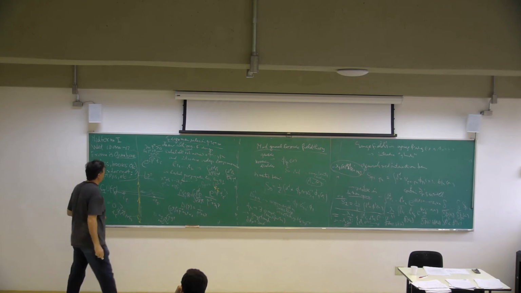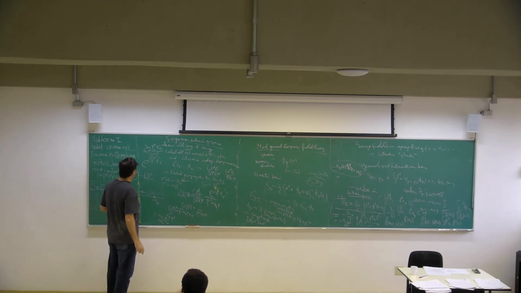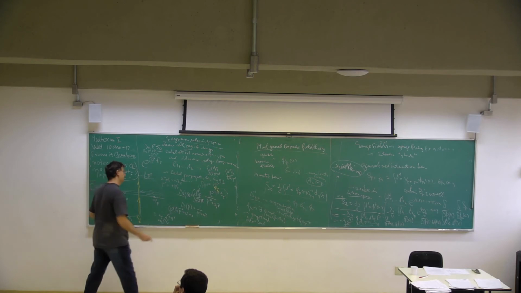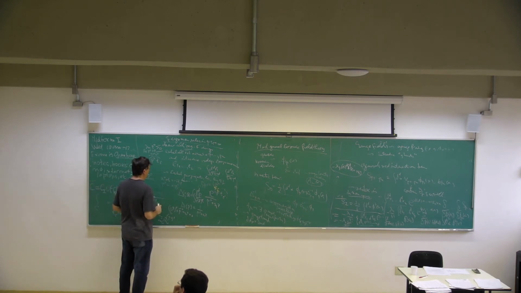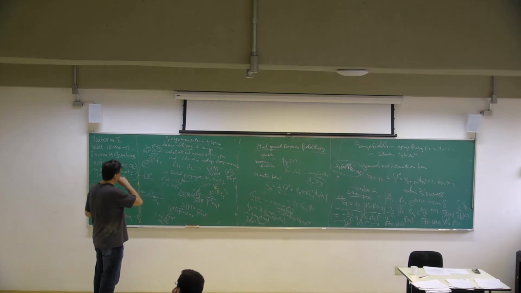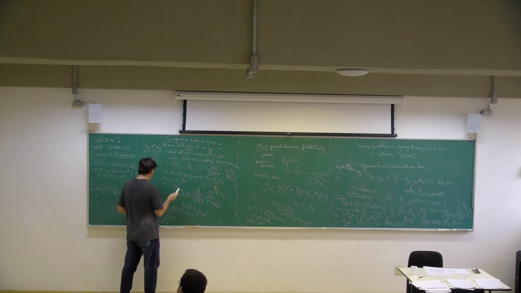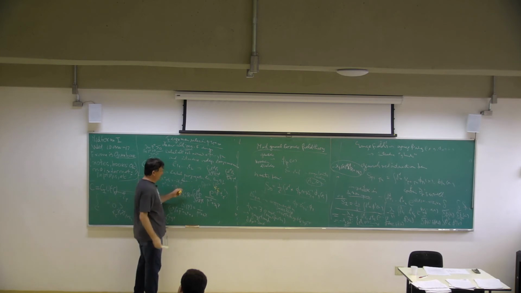Okay? And let's see if I get this right. So for X0 we had to put 1 minus i epsilon, right?